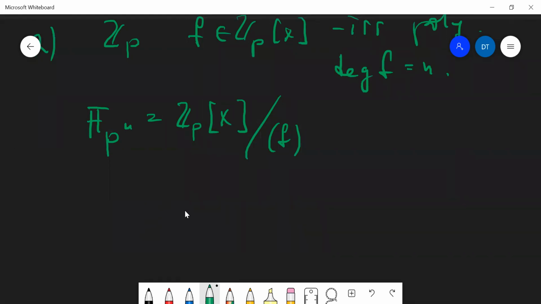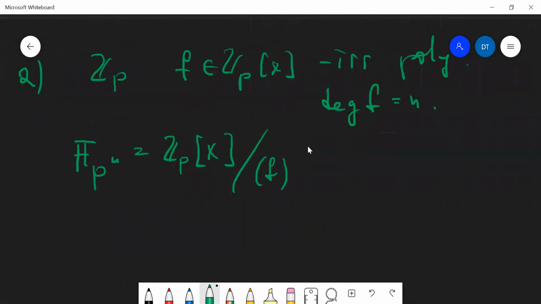By the way, it may happen that there are many irreducible polynomials of a given degree. For example, you have f1, f2, f3, and so on. Each irreducible polynomial will give you this finite field, and no matter which polynomial you take, the result will be exactly the same up to isomorphism.